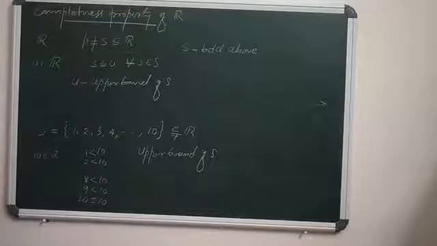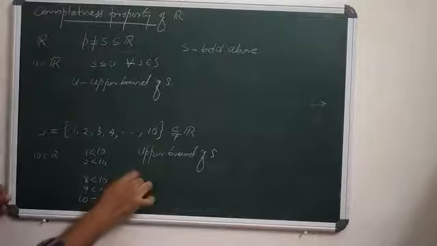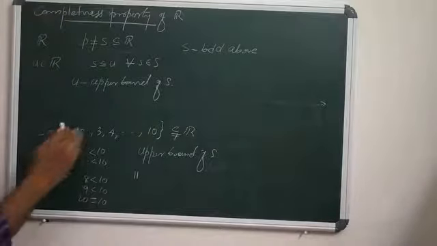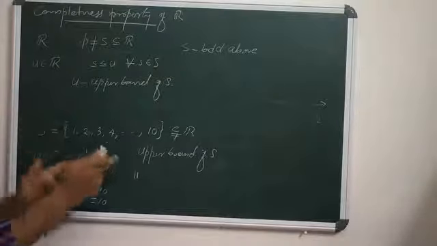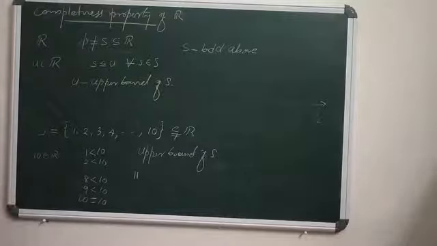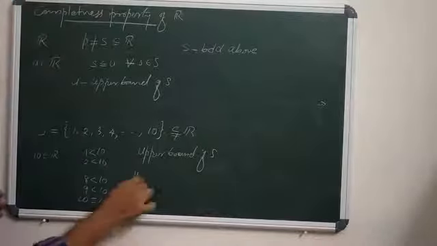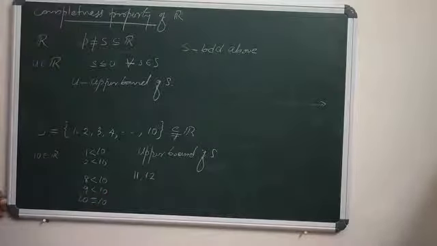Here 10 is an upper bound. What about 11? Come to this example. 11 is also an upper bound. Why? Because if you choose any element in S, then that element is strictly less than 11. 12 is also an upper bound, 13 is an upper bound.